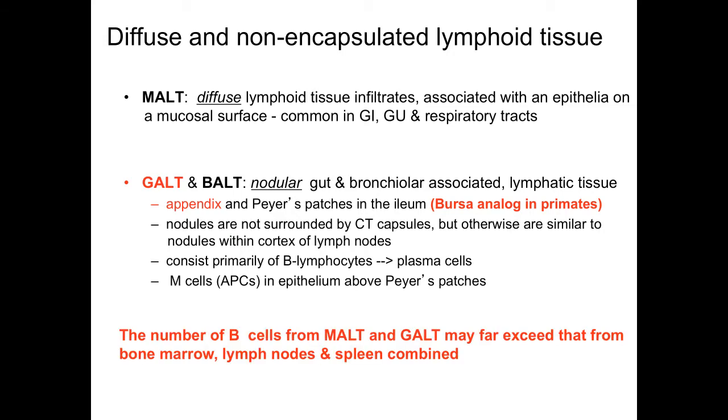Now, it turns out that the number of B cells that come from the mucosal associated and gut associated lymphatic tissue in humans may far exceed the number of B cells that come from the bone marrow, lymph nodes, and spleen combined. And this is relatively new in our understanding of the dynamics of how B cells are produced.